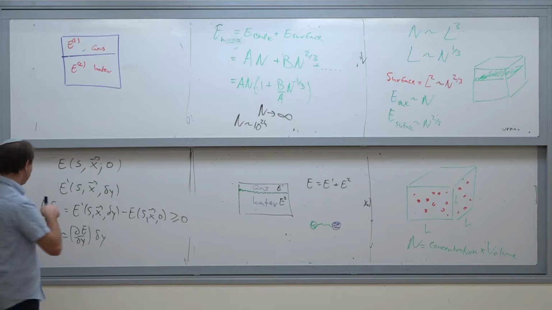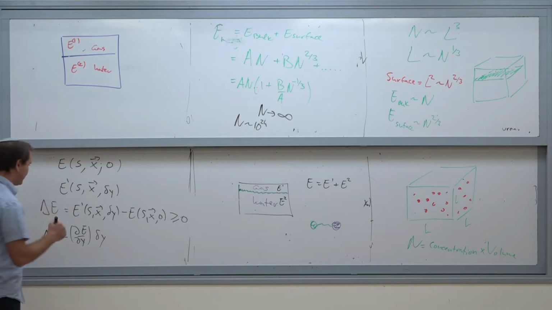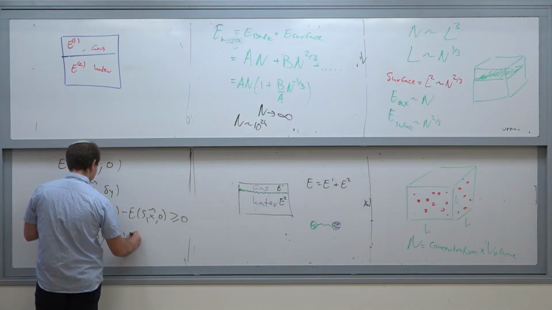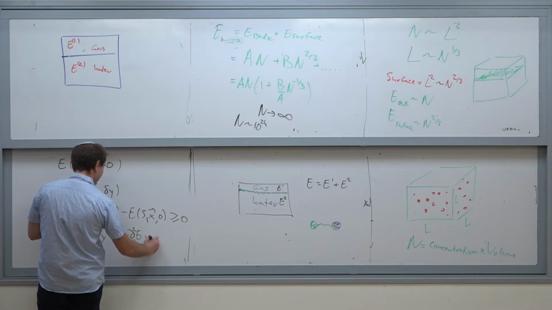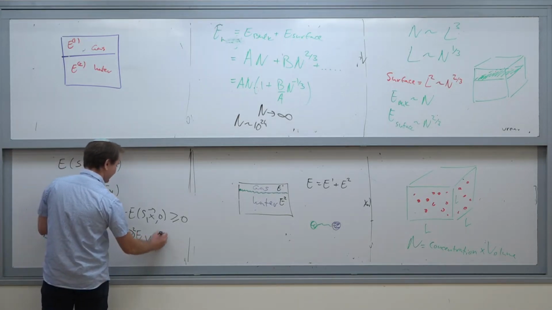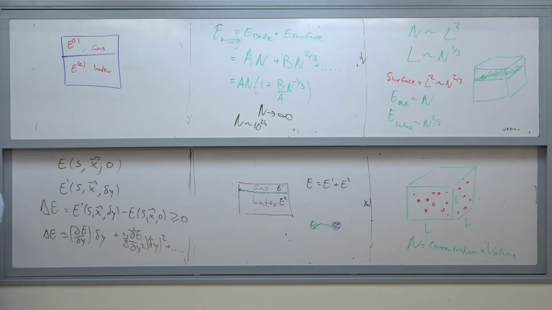Right. It was in equilibrium, I applied a constraint, and the energy has grown. Okay? Plus 1/2 d squared E over dy squared times delta y squared, plus etc. This is what we understand as simple Taylor expansion.